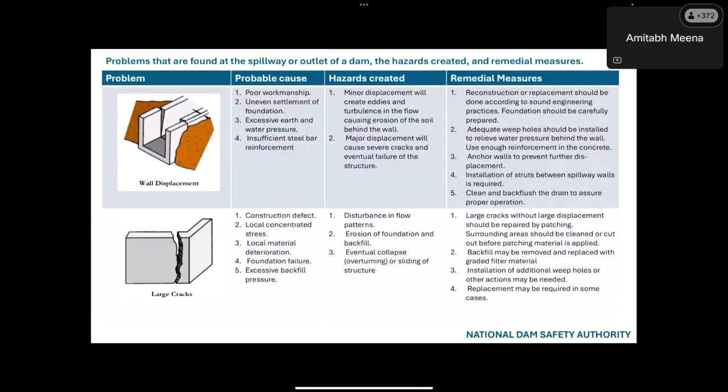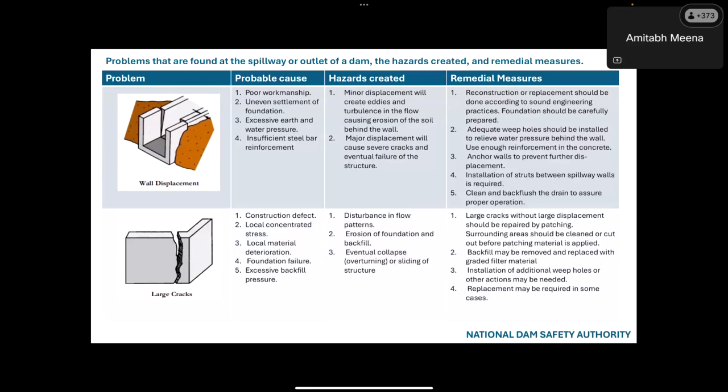So these are on the spillway channel. These are side walls, and they are damaged. They may be damaged because of poor workmanship, uneven settlement of foundation, excessive earth and water pressure, or insufficient steel bar reinforcement.